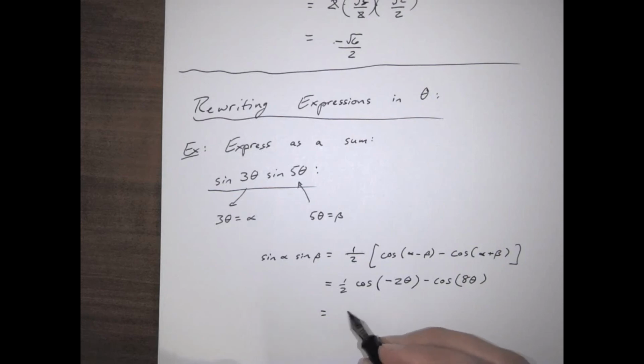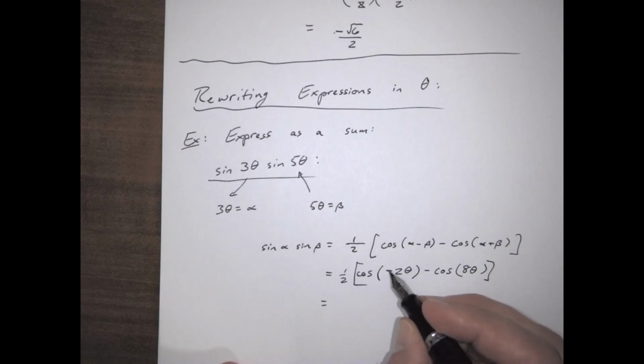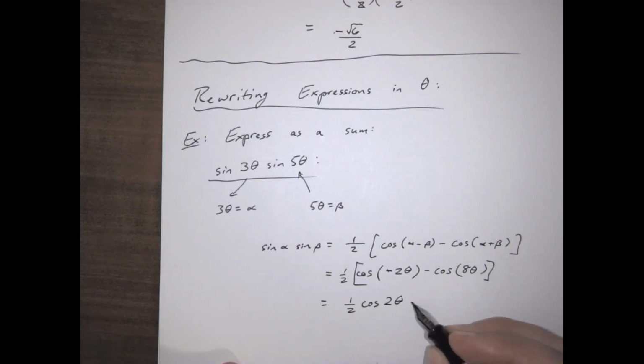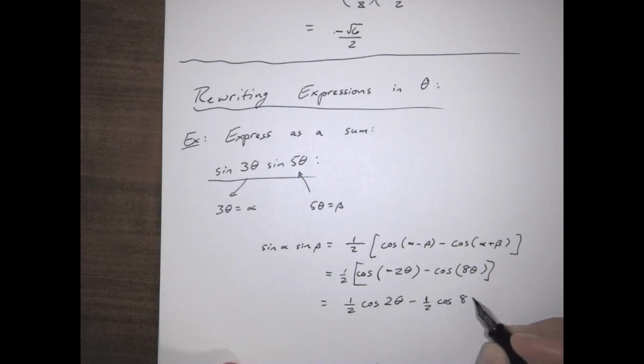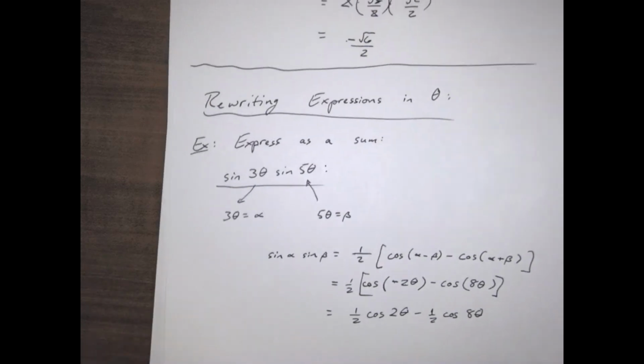And so that's equal to, and here technically, since cosine is even, this can go away. I'm just going to have 1/2 cosine 2 theta minus 1/2 cosine 8 theta. So there it is as a sum of, or in this case actually technically a difference, close enough.